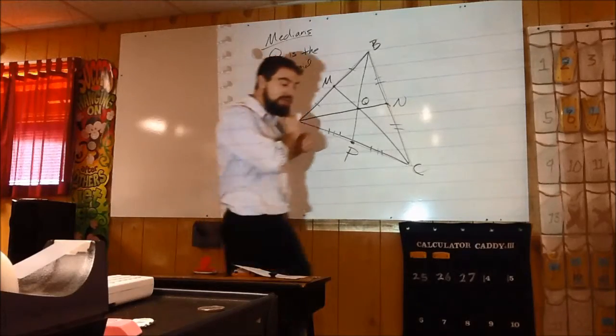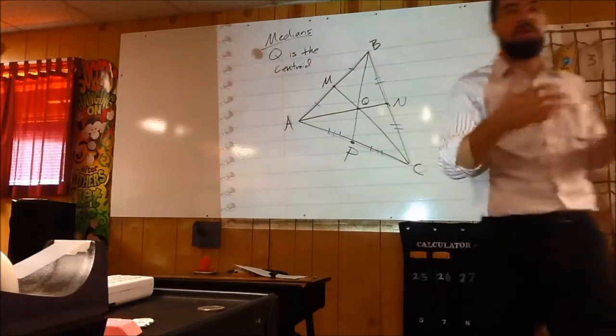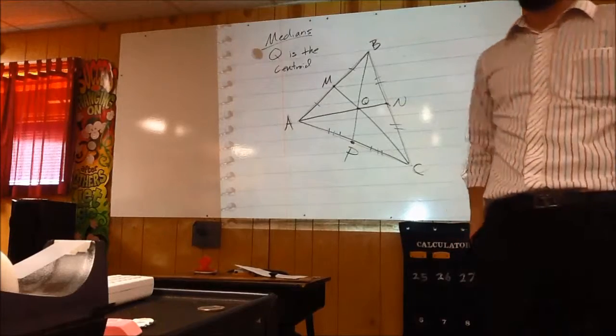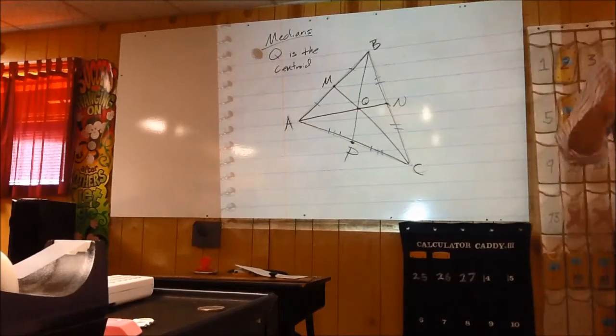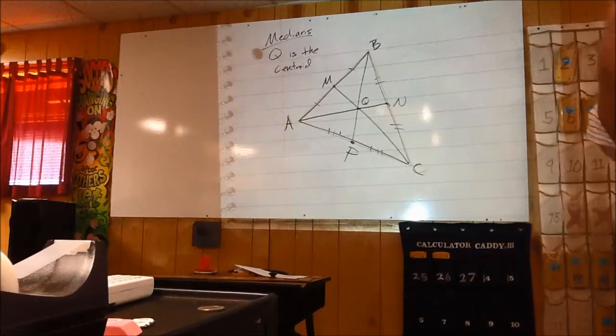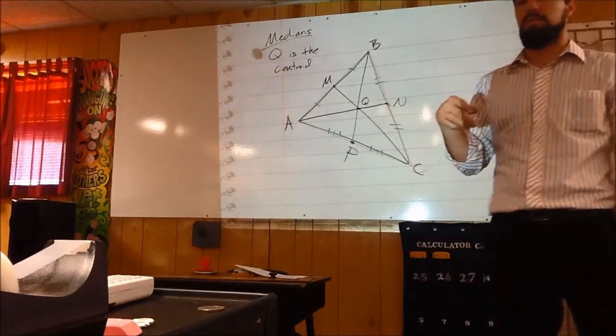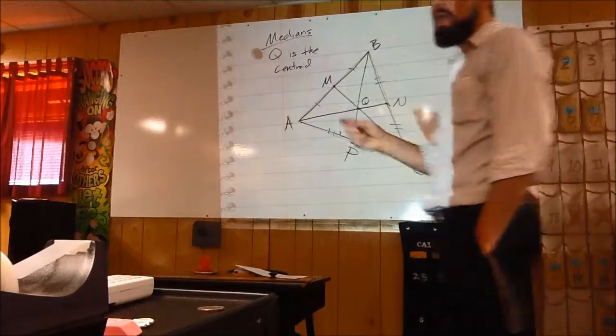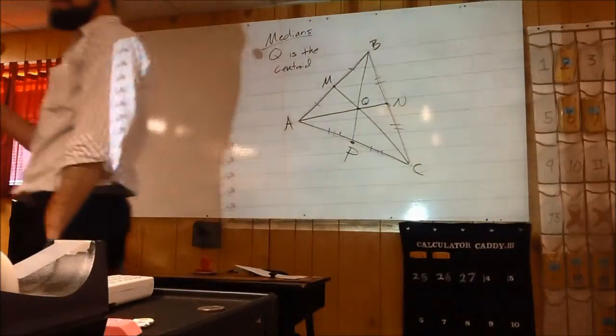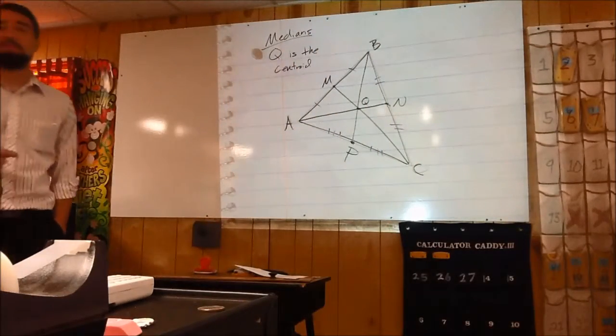Alrighty. Now look at your centroid. For everyone, it should be point Q. Do you see how it breaks every single median into two parts? The centroid splits every single median into two parts. Do we see that? Do you notice that one piece is larger than the other piece?